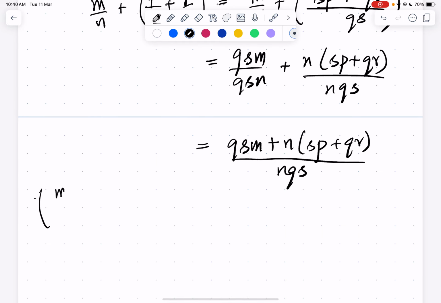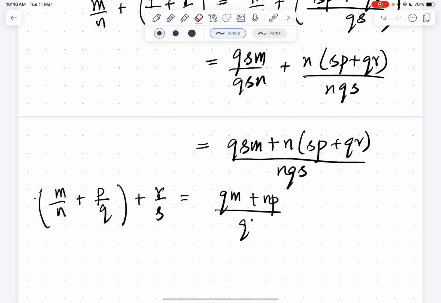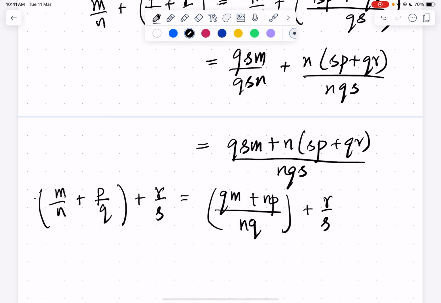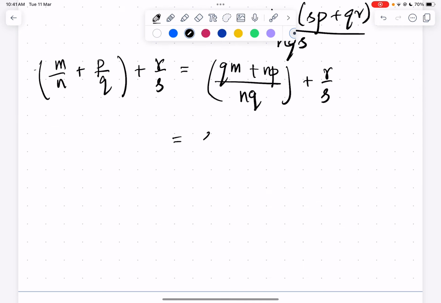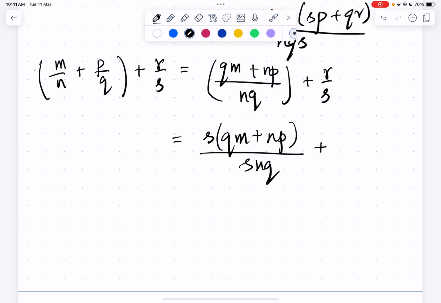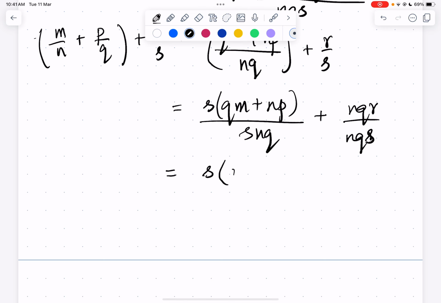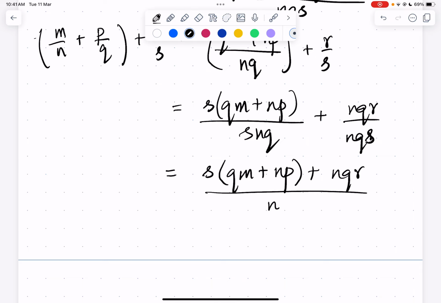Also, if we take m by n plus p by q first, and then plus r by s, this is qm by qn plus np by nq, so qm plus np by nq, and plus r by s. So this again is s times qm plus np by s times nq, plus nq times r by nq times s. So this is s times qm plus np plus nqr by nqs.